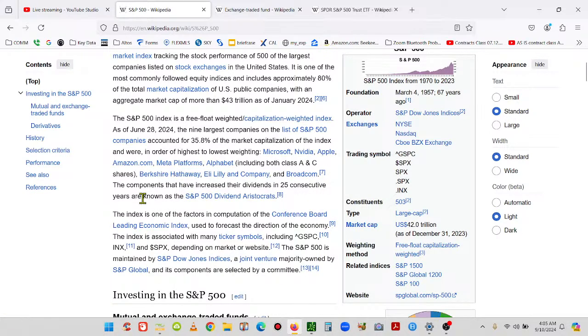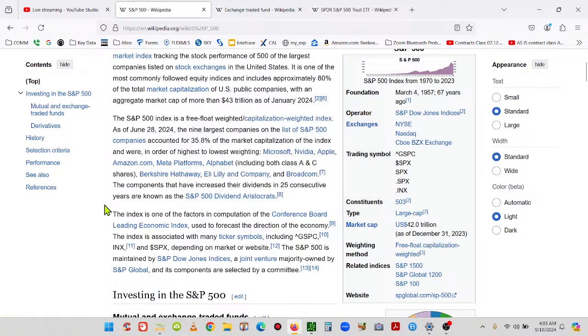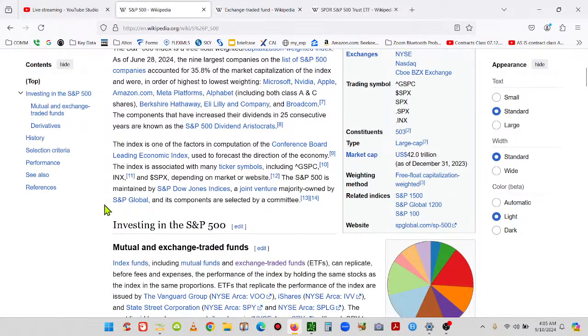The components that have increased their dividends in 25 consecutive years are known as the S&P Dividend Aristocrats. Okay, and you can look that up if you want. I'm not going to go over that. That's beyond the scope of what we need to understand, but if you want to do that, feel free to do so.